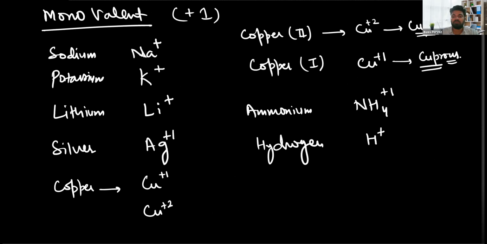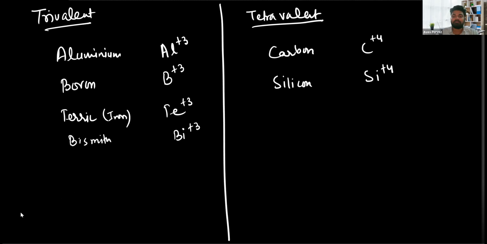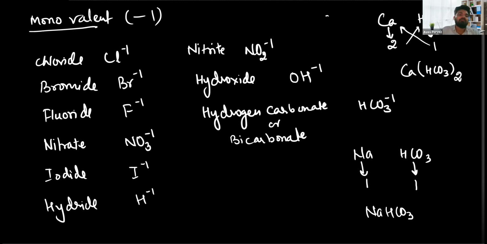Where it is single one. This is acetate. Acetate is actually CH3COO and its valency is -1. This is the whole formula, CH3COO. So write it as -1.